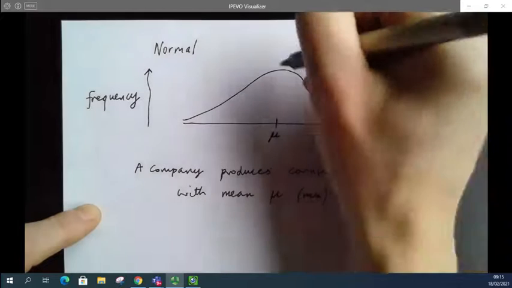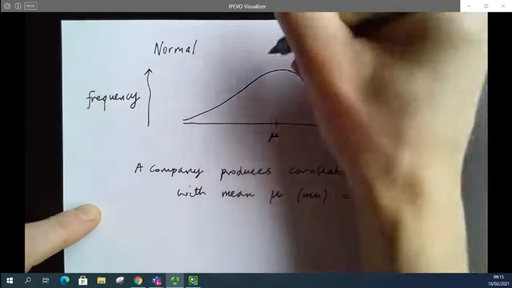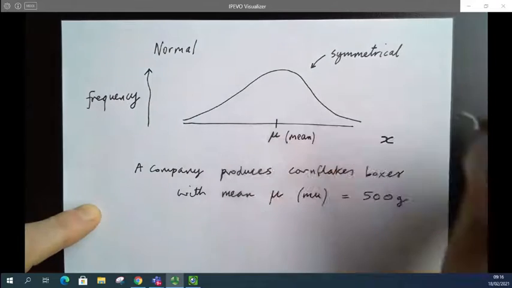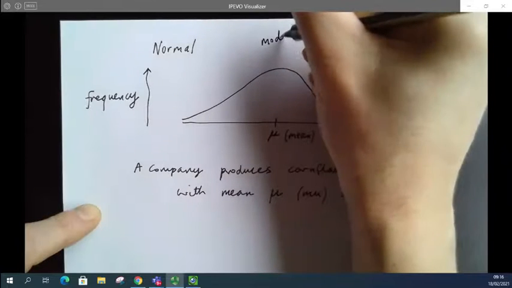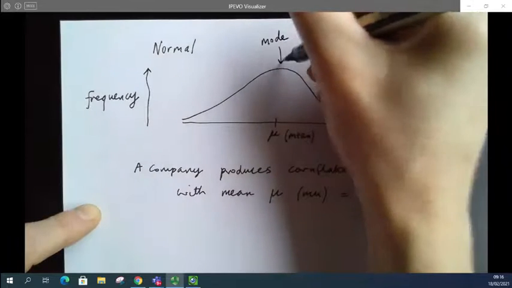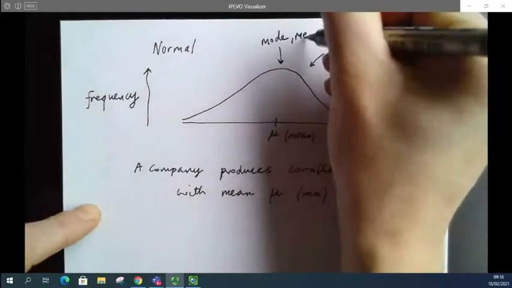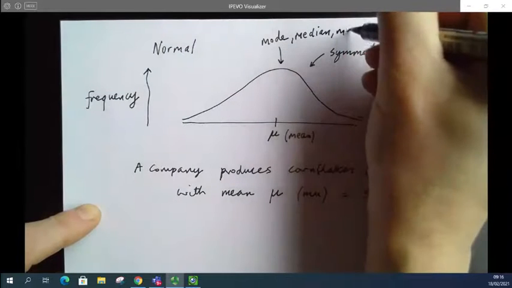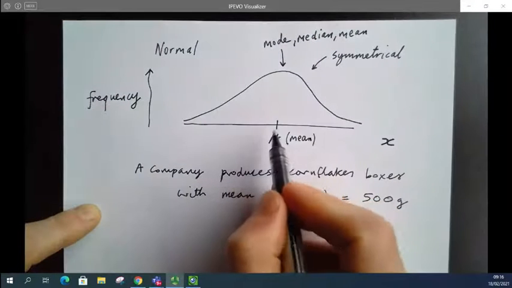Okay, so we also have, right in the middle, the mean, so that's mu. But because this is at the highest point, it's also the mode, and the median. So the mode, the median, and the mean are all this value here in the middle.